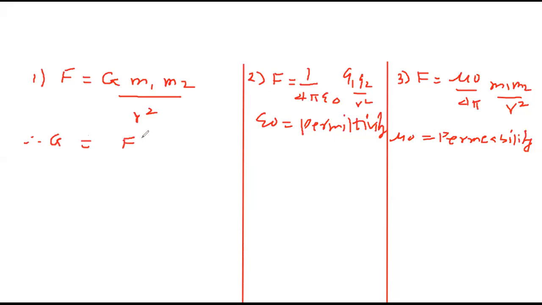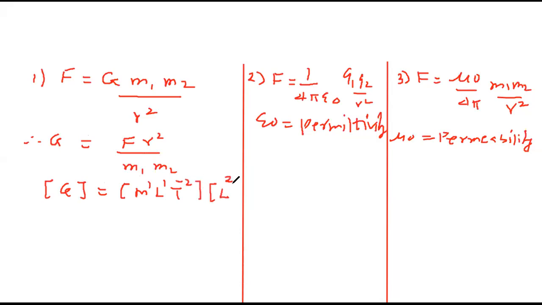So G is F r square upon m1 m2. That means the dimension of the universal gravitational constant is the dimension of F, which is M1 L1 T minus 2. R means distance, which is L raised to 2. Mass is M, two masses, so M raised to 2.